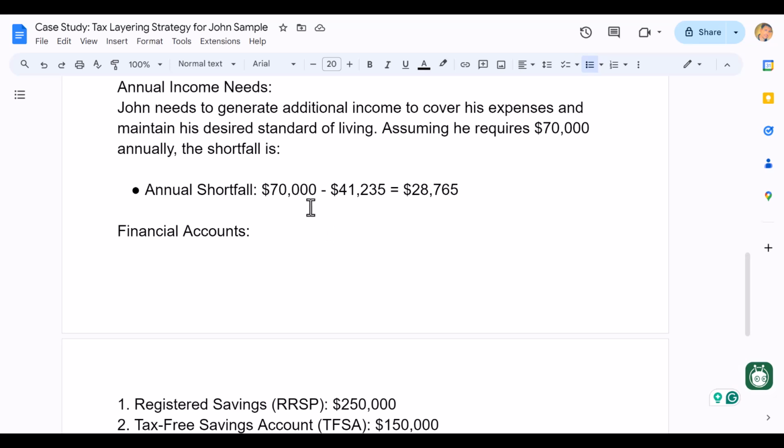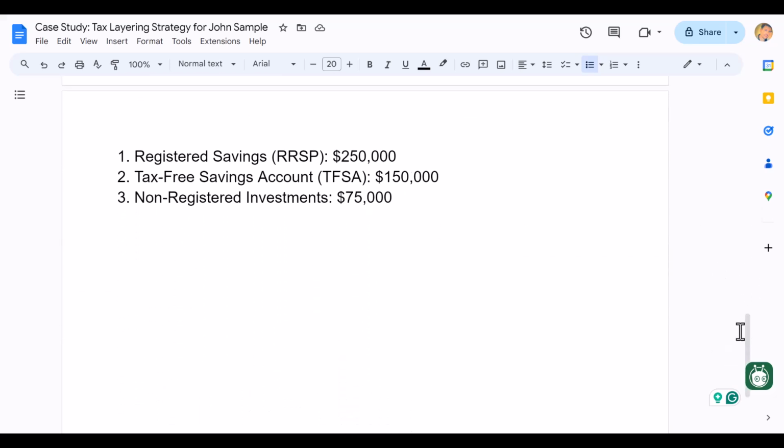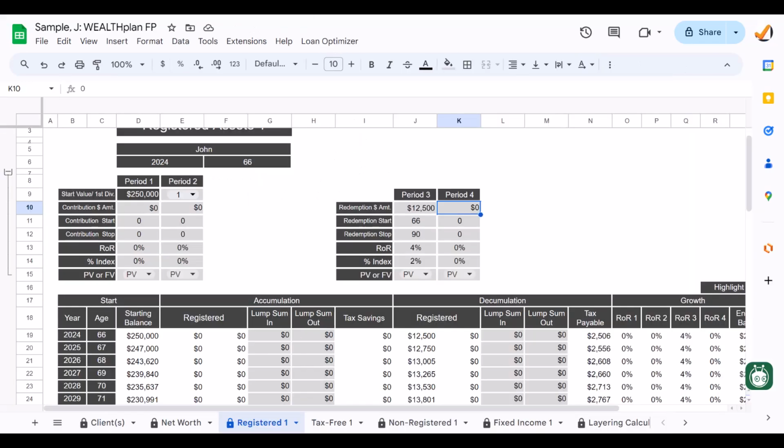We deduct from that his known income sources, and we're left with a shortfall of $28,765. We have to make that up from his investment accounts, including his registered savings plan, his tax-free savings account, and his non-registered investments: $250,000 in his RRSP, $150,000 in his tax-free savings account, and $75,000 in his non-registered investment account.